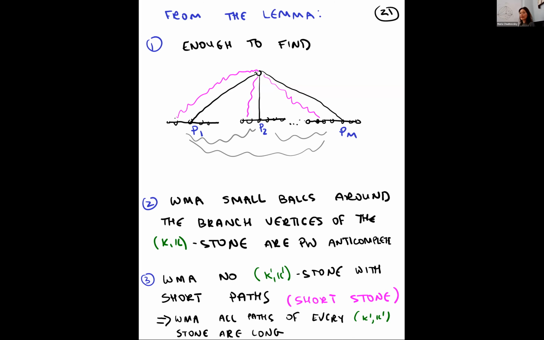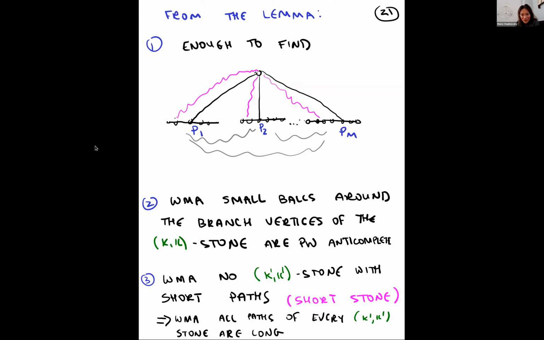The next thing I can arrange is that if I look at a bounded radius ball around each branch vertex, I can arrange that all these things appear pairwise anti-complete to each other. And roughly it's the same thing: it's many sets of bounded size, and I can arrange that many of them are anti-complete.